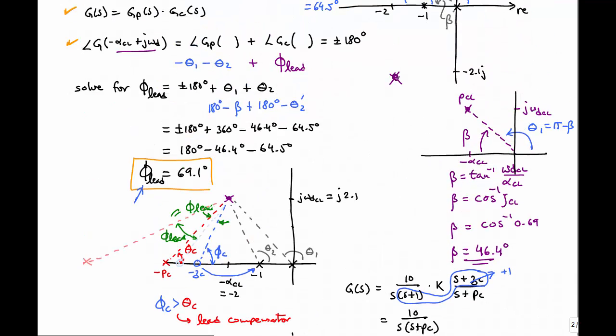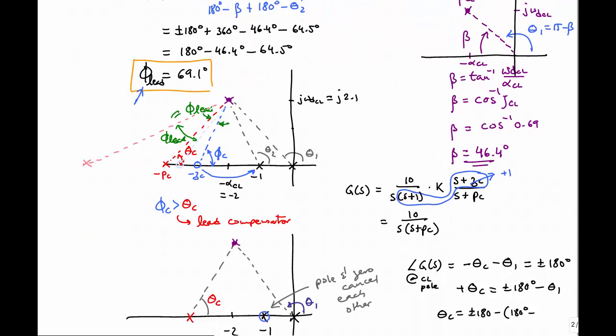So theta c is equal to plus or minus 180 minus pi minus beta, where beta is 46.4 degrees. So we end up getting a theta c that's equal to 46.4 degrees.